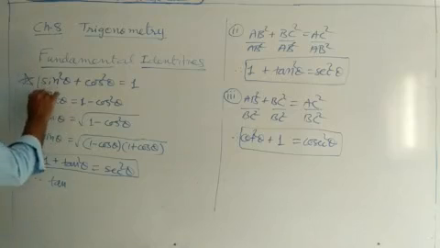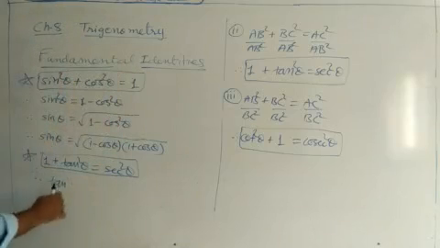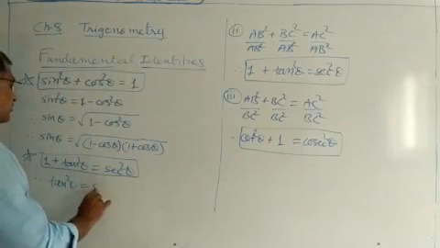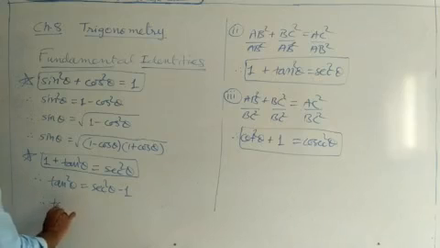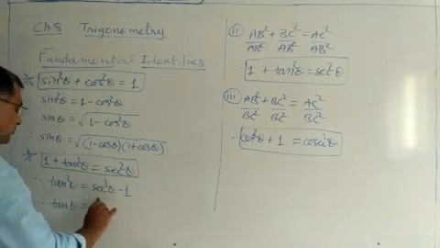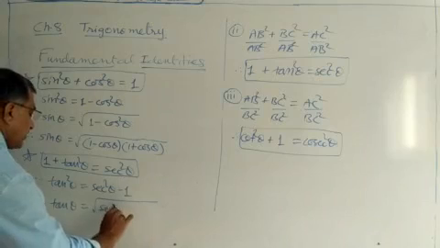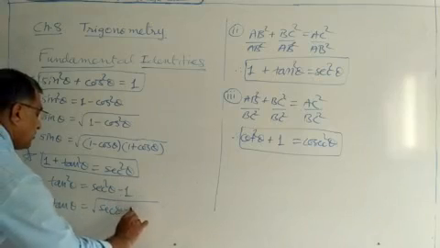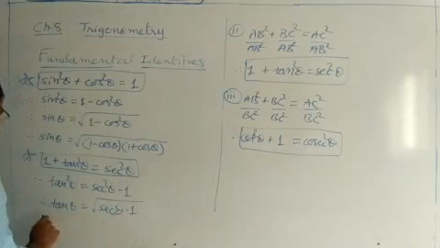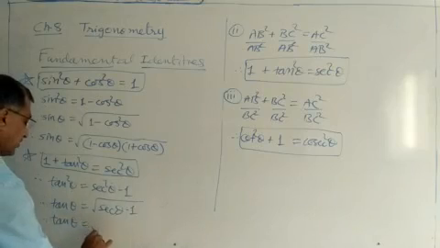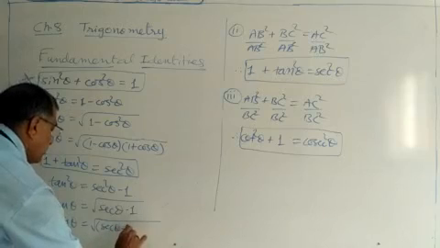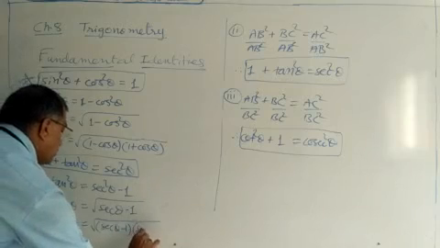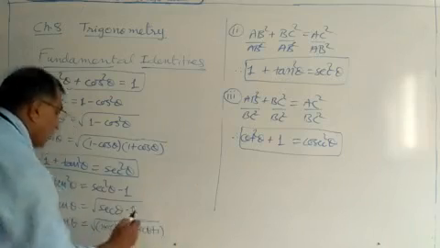For this identity, tan square theta is equal to sec square theta minus 1, and therefore we get tan theta is equal to square root of sec square theta minus 1, and this can be written using a square minus b square identity again: tan theta is equal to under the root sec theta minus 1 into sec theta plus 1.